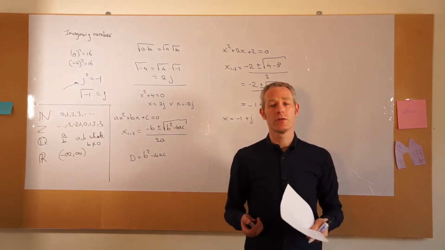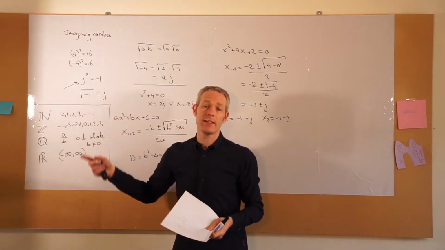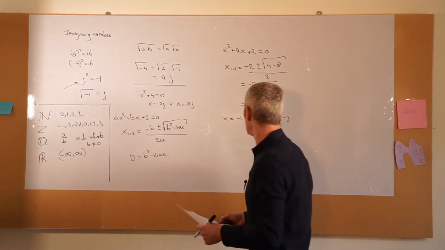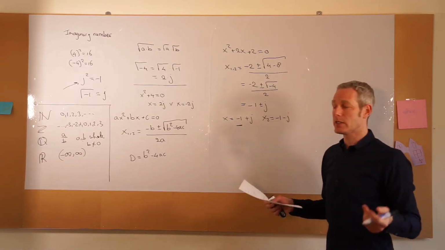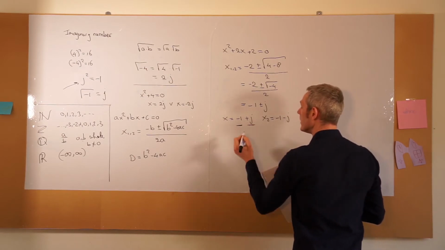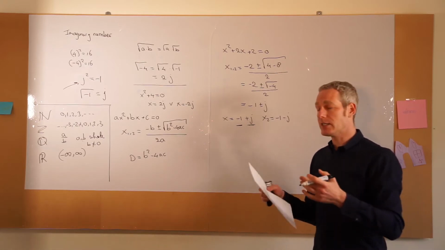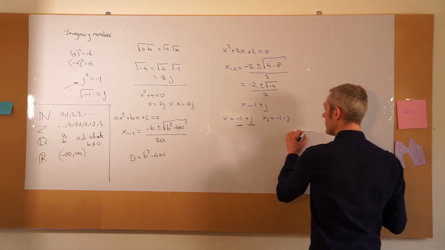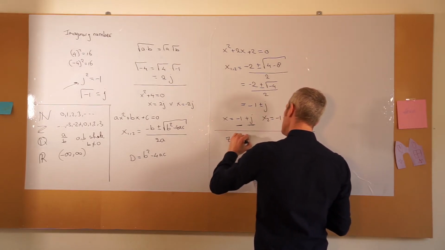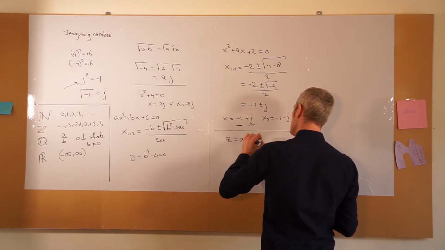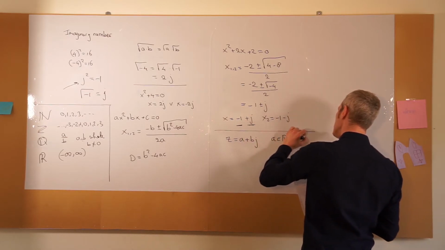And now we've introduced this imaginary number j, which does not fit in any of these sets. Now, we see here, we have minus 1, which is a real number, and we have here a number which is an imaginary number. Now, the combination of a real number and an imaginary number is called a complex number, which we usually denote by z. z is a plus b times j, where a is a real number and b is also a real number.